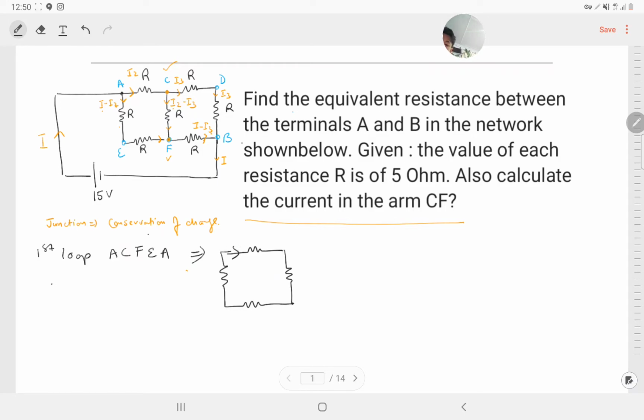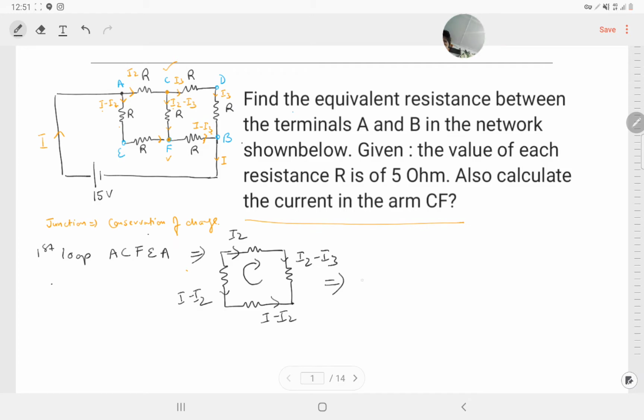The current in this direction is I2. This direction is I2 minus I3. And this direction is I minus I2. Same over here, I minus I2. So for this loop, if you take it as clockwise, you can see the direction of the current and the direction of the loop is the same.